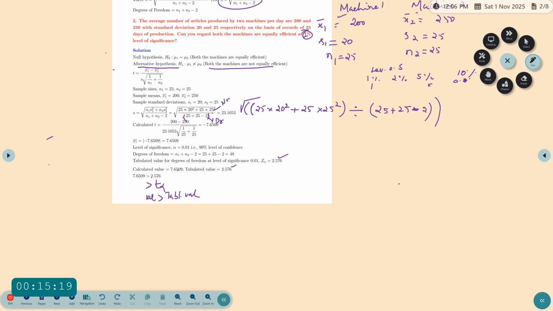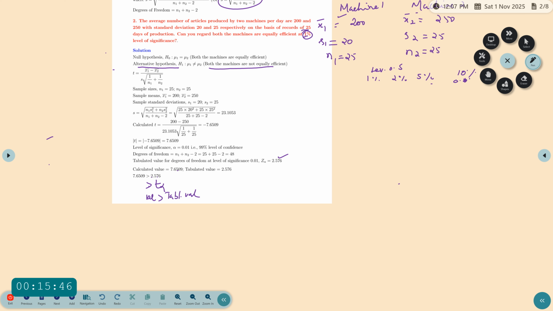If you count the brackets on the left-hand side, 1, 2, 3, there should be an equal number of closing brackets corresponding to the opening brackets. So 1, 2, 3. Then press equal, and you will get the value 23.1059.